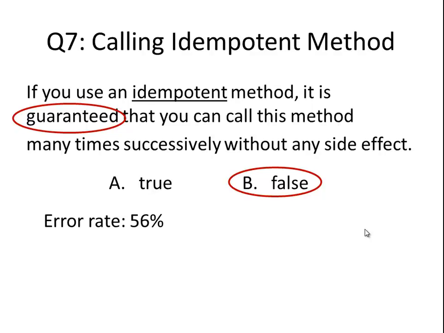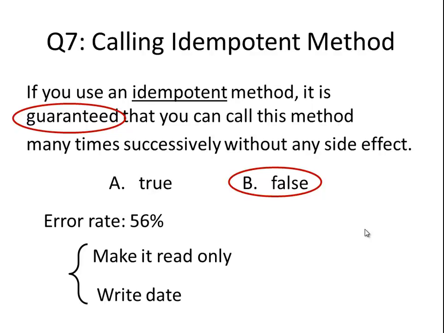So let's see why. There are 2 cases. The first one is the read-only case. If we have an idempotent method, if we implement it in a read-only way, okay, so that means we do not write any data, we just read data.